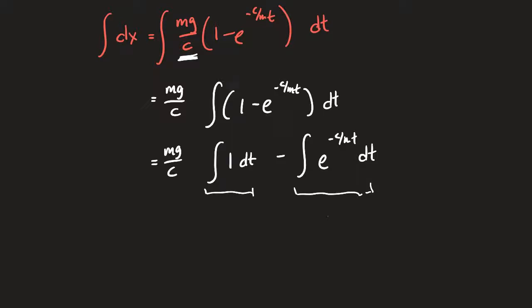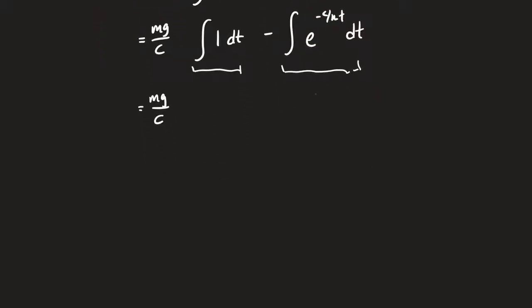This is a polynomial, so I can do this. A polynomial just has different terms that are added or subtracted from each other. So I'm going to focus on that first term, and just that first term, which is the integral of 1 with respect to t.